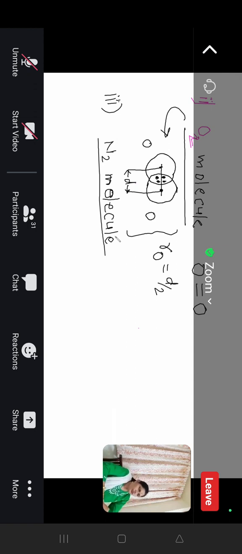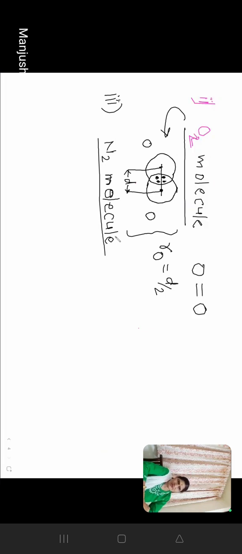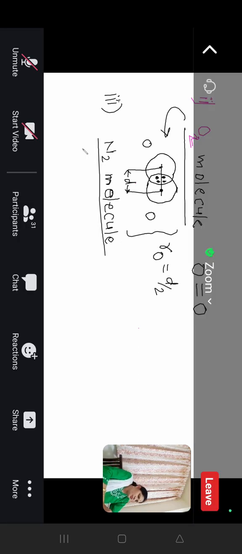So in O2 molecule, we can measure. Now you have followed the concept. How to measure covalent radius? You have to take the internuclear distance, and half of the internuclear distance is the radius. Now in case of N2 molecule, it forms 3 covalent bonds.